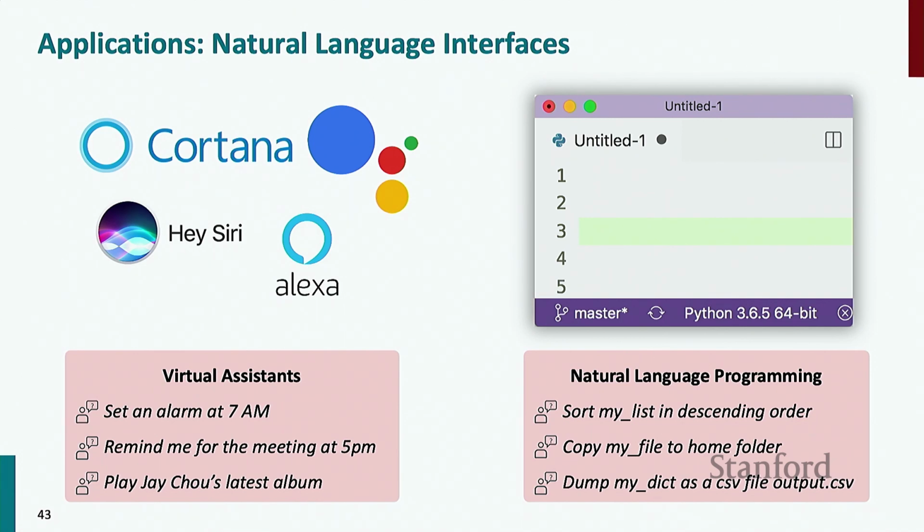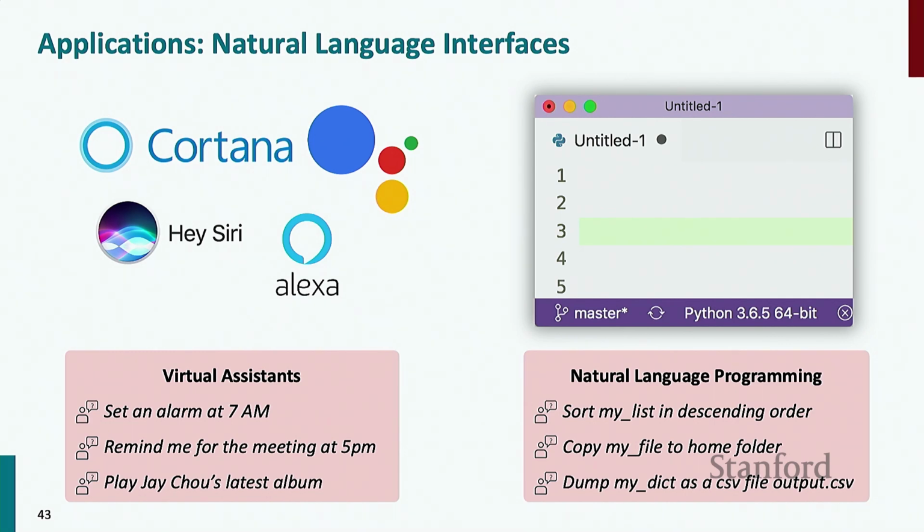There are obviously digital assistants, like, I'm not going to say the names because I know people's mobiles might start popping up. But you can give them natural language commands to set an alarm, set reminders, and so on.